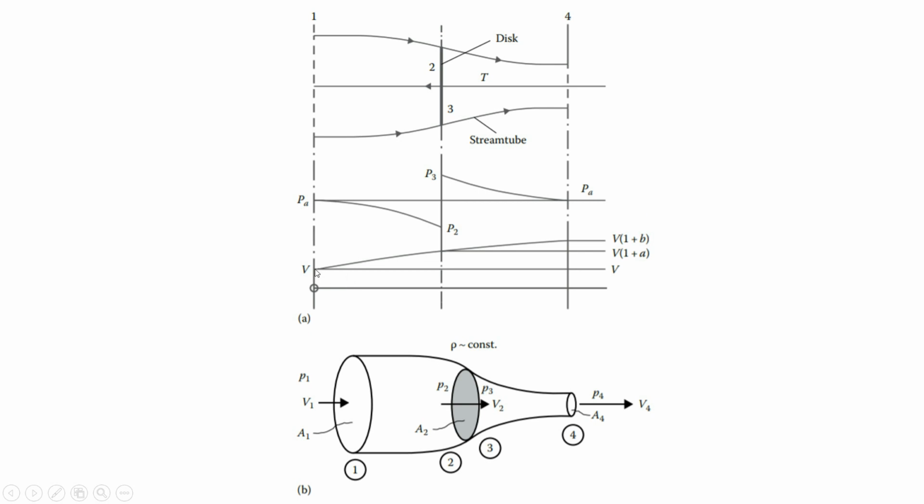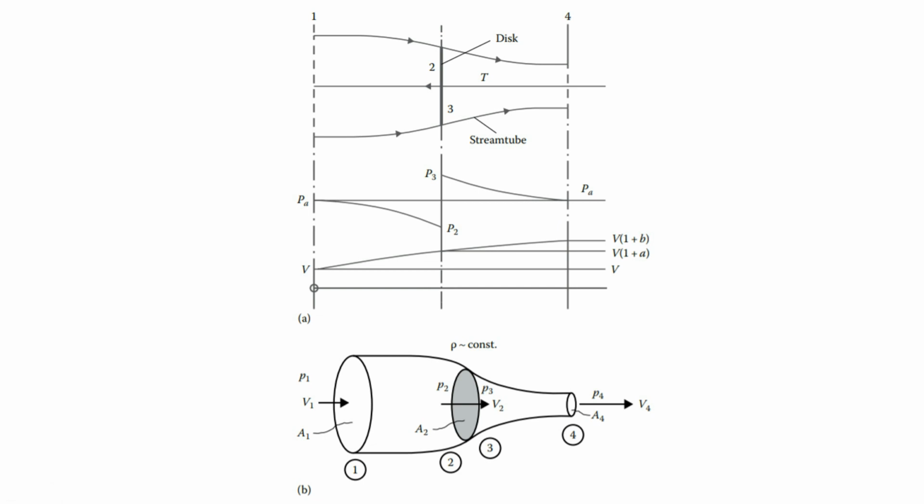The velocity starts from V infinity, the atmospheric condition, increases to a certain value at the disc, and then increases to a maximum value at the exit point.